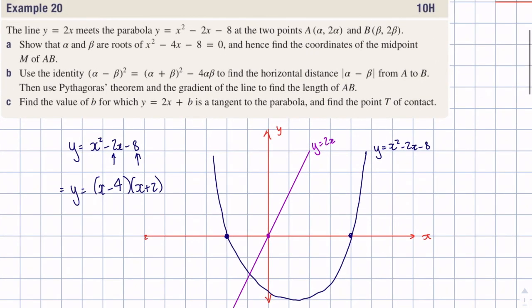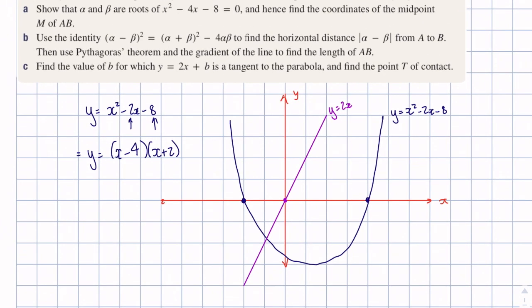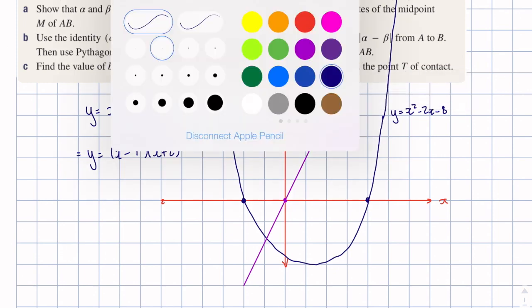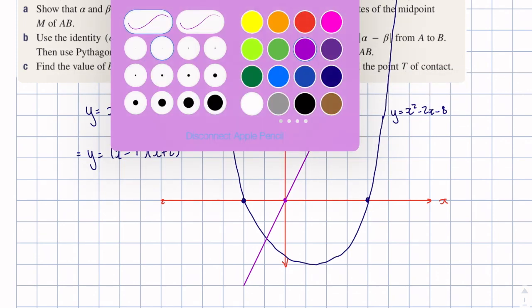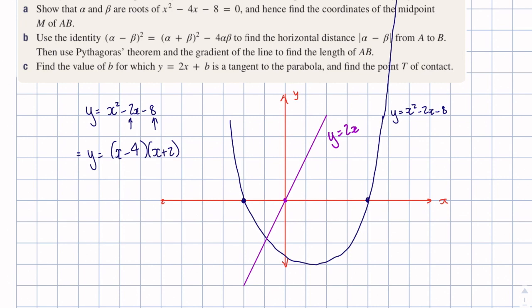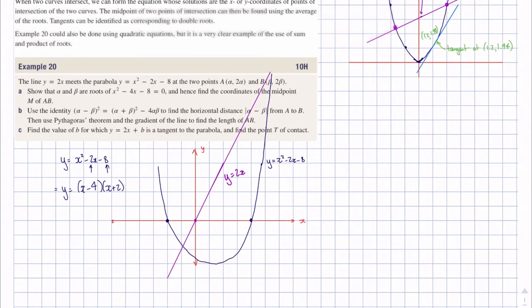So I've got those two lines. They meet at two points. If I'd continued this one going up, and this one going across, they would have met there. I'm really regretting doing this whole thing so small.